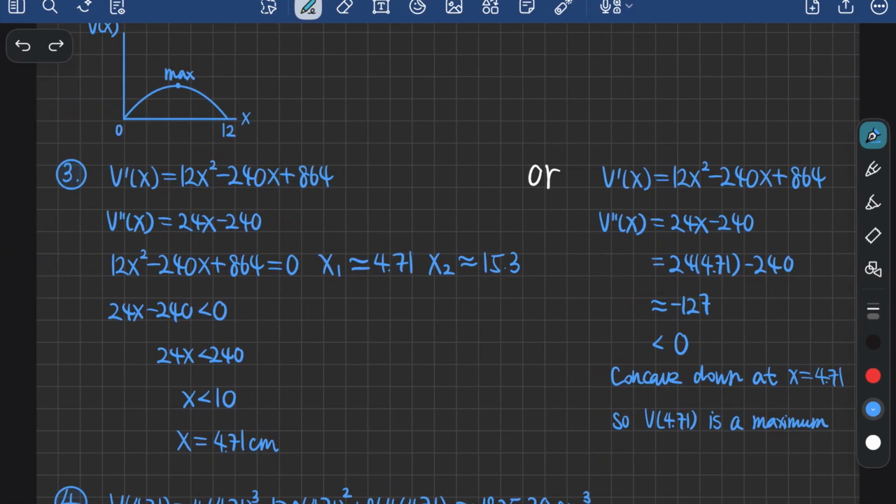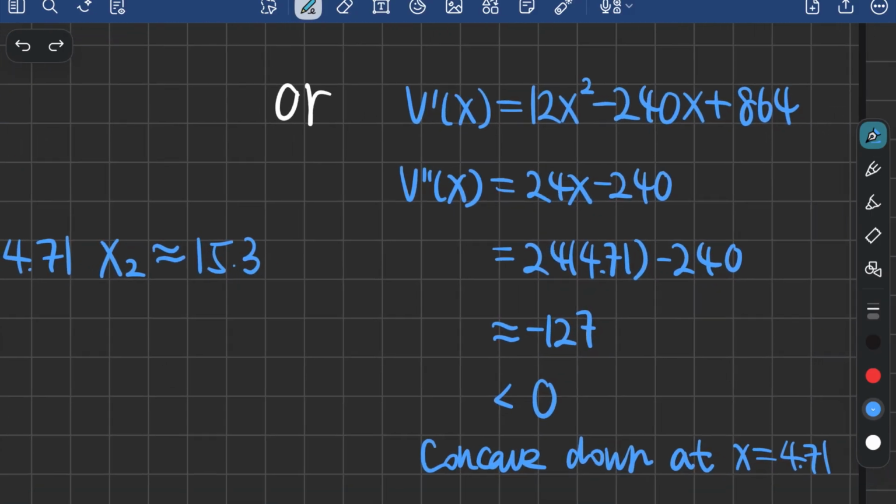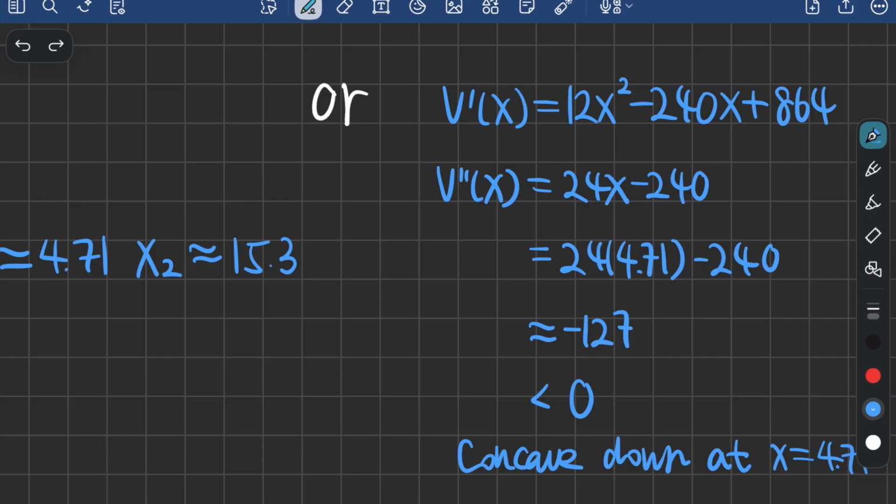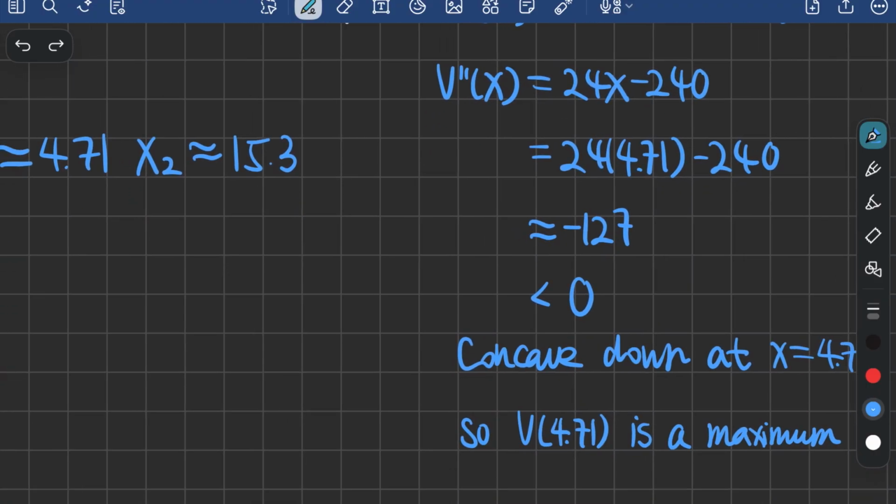Another way is quicker: you just put something in your calculator, you take the first derivative and take the second derivative, and you directly put 4.71 into the x value here, and you will find the second derivative as this negative value, and that is smaller than 0, which shows that it's concave down at this point, so it is a maximum.